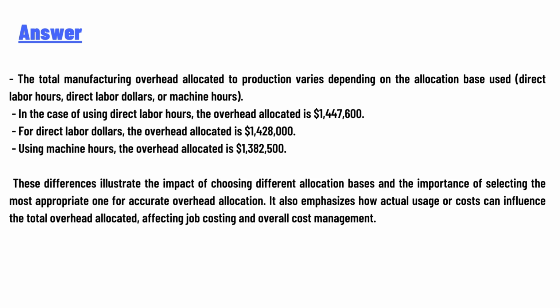Using machine hours, the overhead allocated is 13 lakh 82,500. The differences illustrate the impact of choosing different allocation bases and the importance of selecting the most appropriate one for accurate overhead allocation. It also emphasizes how actual usage or cost can influence the total overhead allocated, affecting job costing and overall cost management.